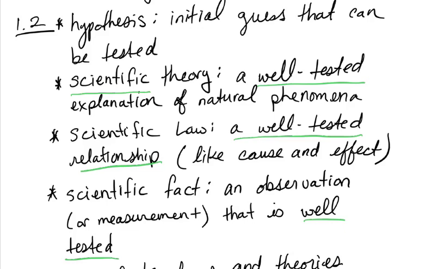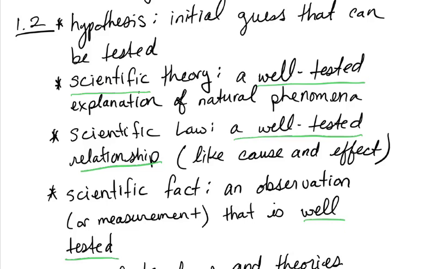Again, in order to kind of achieve that title, they have to have been well tested. And that means repeated by different people in different countries, and people get the same results. People have tried to prove them wrong and have not yet been able to. A scientific law is usually relating a cause to an effect, and a fact is just more of a measurement or an observation.